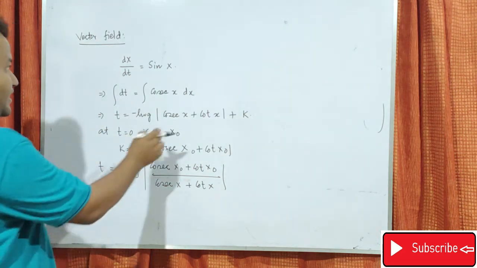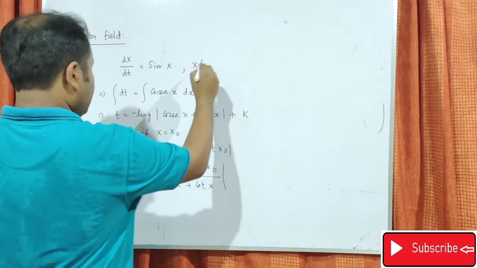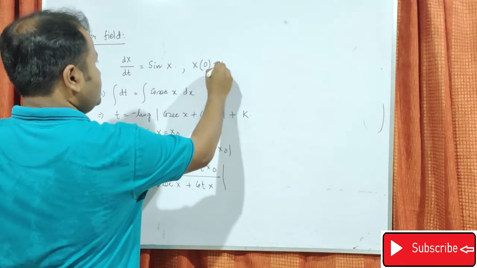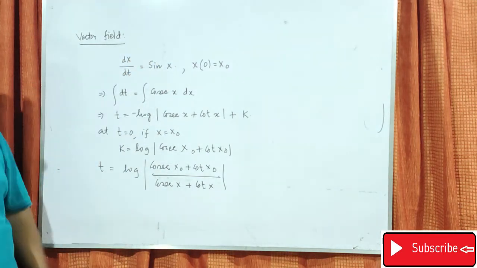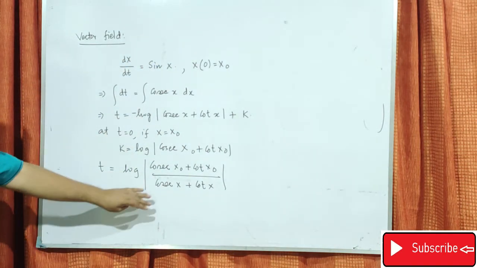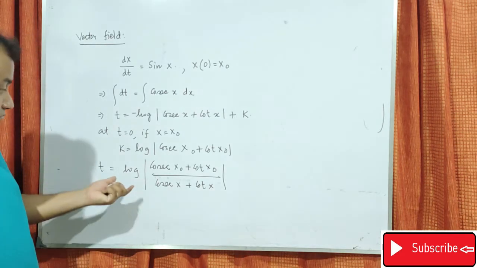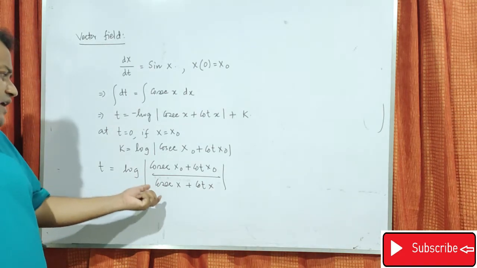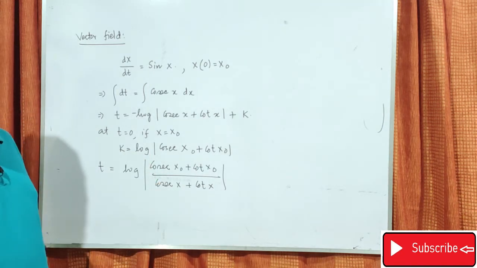Here the condition given was x at the point 0 equals x naught. So if a differential equation is given to us, we can solve it and get some idea. But if the next question is what will be the behavior of this solution, can you draw it?